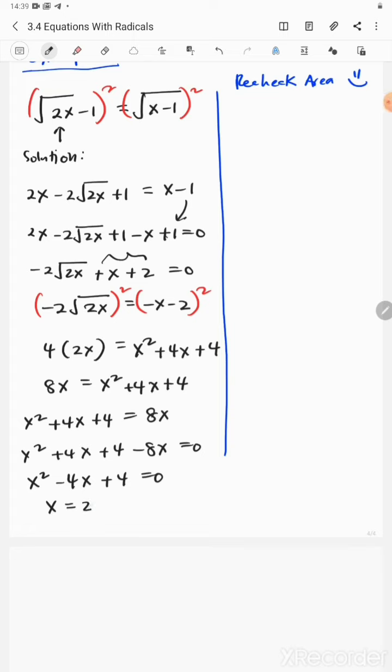Okay, so means that x equal to 2, and x minus 2 squared equal to 0. Now we have to recheck, substitute the x value into the original equation.